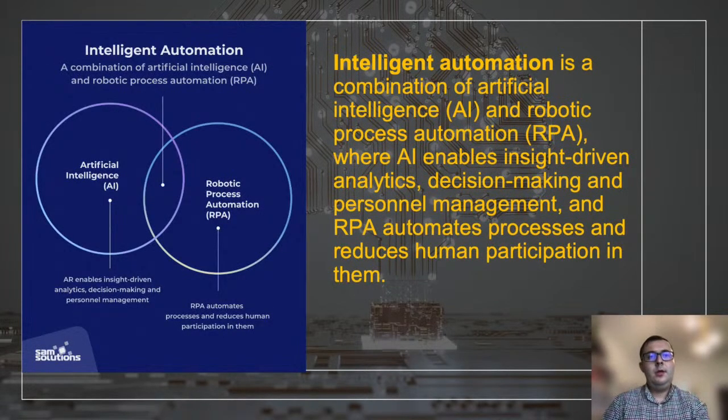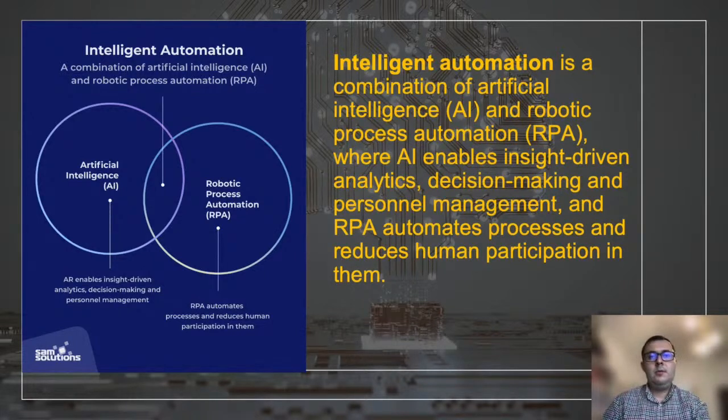As we can see here in this graph, intelligent automation is actually a combination of artificial intelligence, as we have previously discussed, and robotic process automation. So it's a mix of these two important technologies.